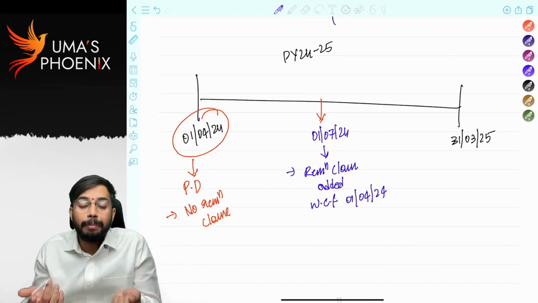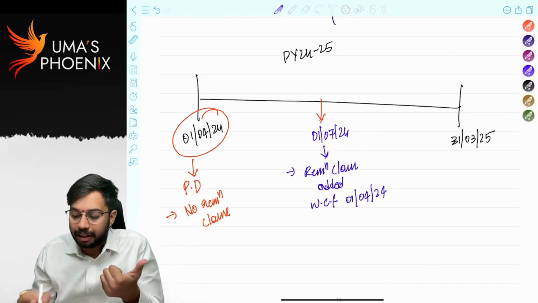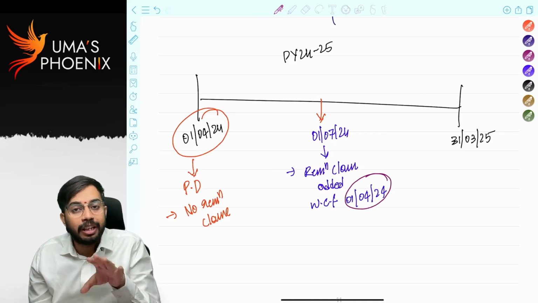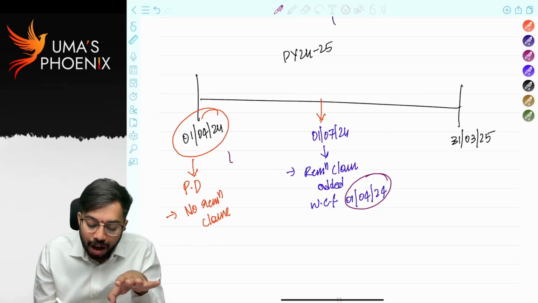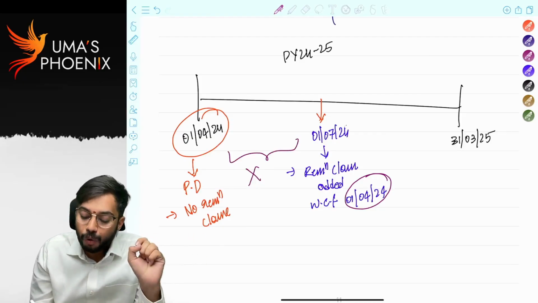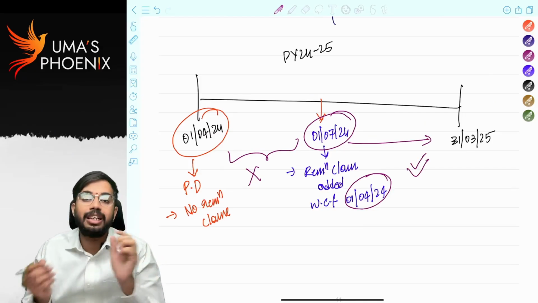Even though the remuneration clause is included with retrospective effect, whatever remuneration is there for the earlier period is not allowed as deduction. Only remuneration from the date of amendment will be allowed as deduction.